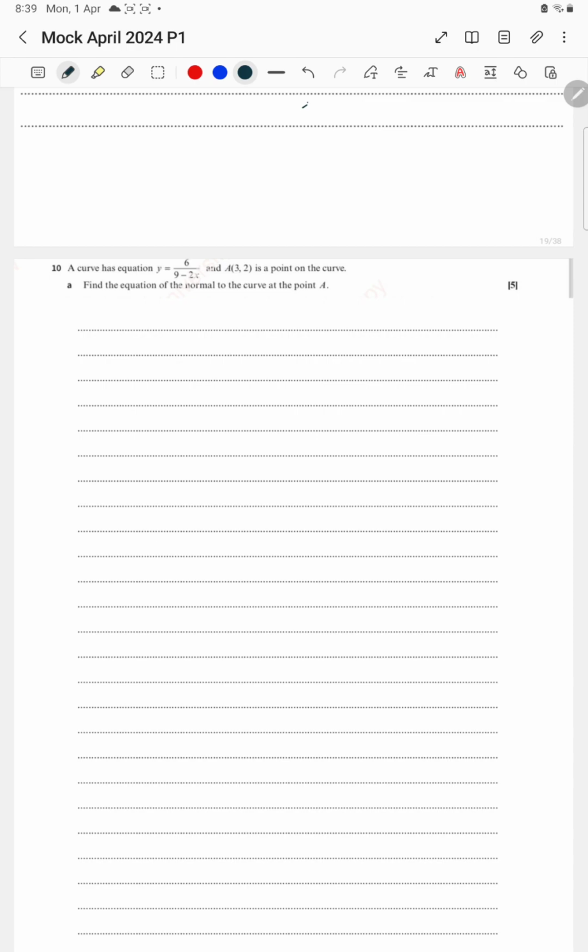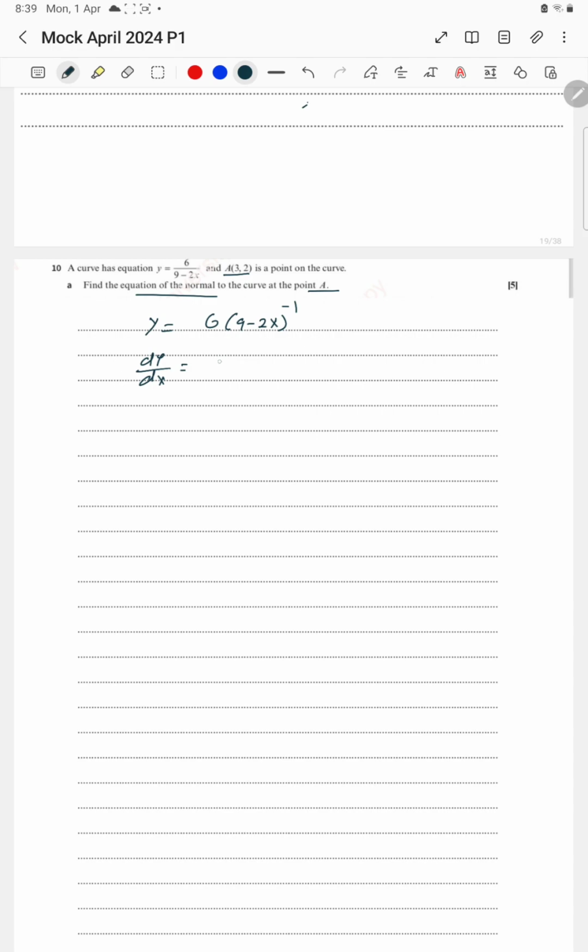Okay, question number 10 says a curve has equation y equal to 6, and we can write it as 6 times (9 minus 2x) to the power minus 1, at point A (3, 2) on the curve. Find the equation of the normal to the curve at point A. For the normal we need to find dy by dx to get the gradient.